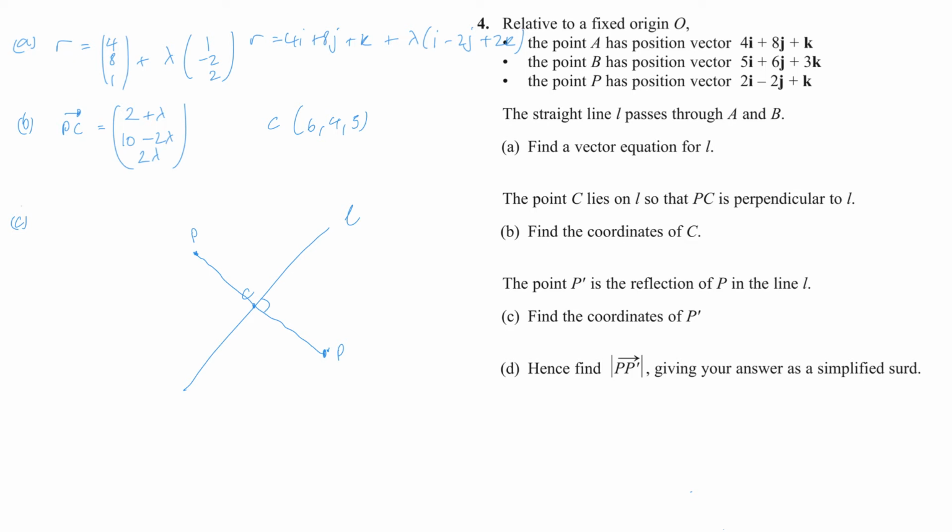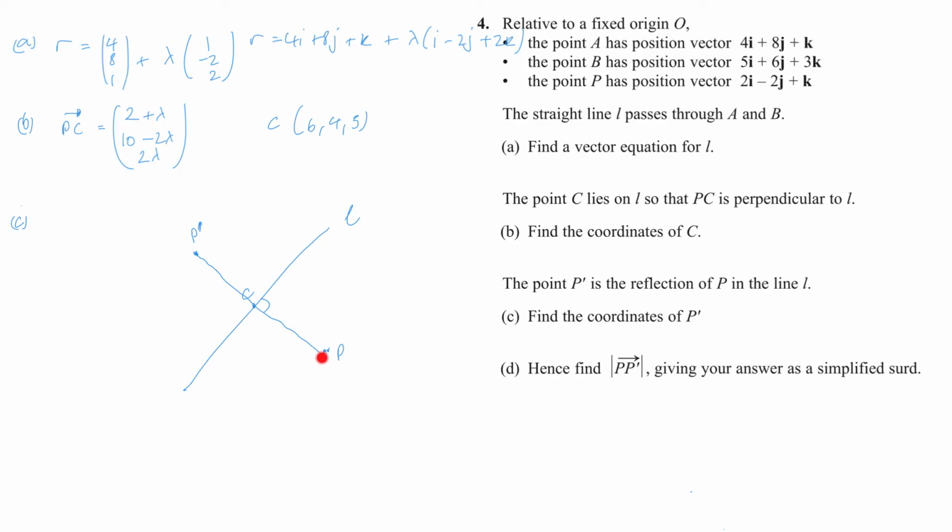So it's going to be P and then 2 PC to get to P with a dash. Okay, so it's along this line, the PC line, but it's times by 2. So the vector PC times by, so we go from P to C to P dash.